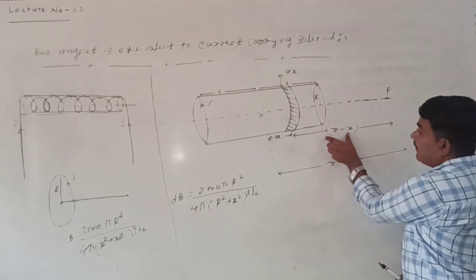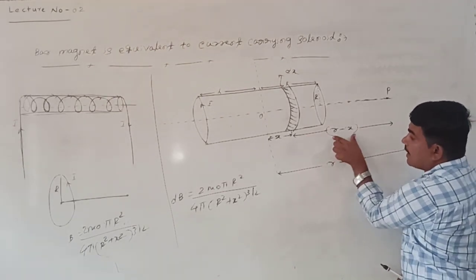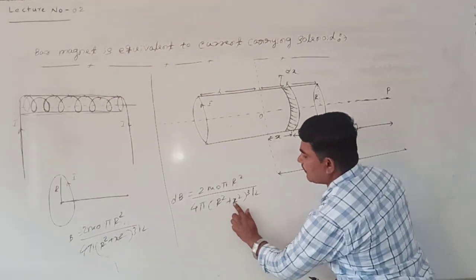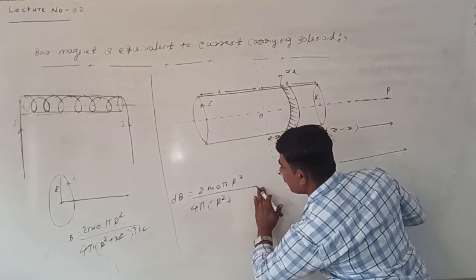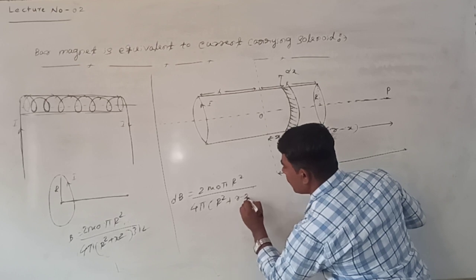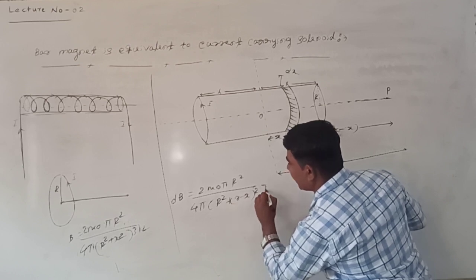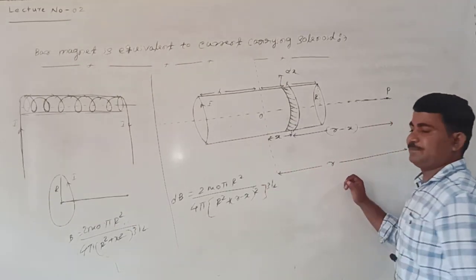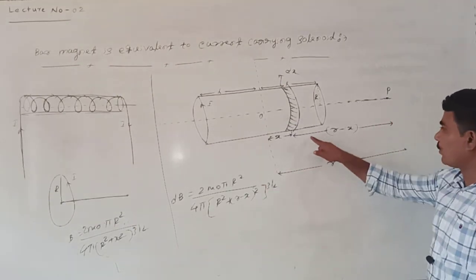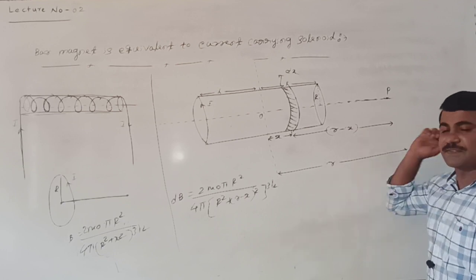That distance is r minus x. So I will represent the distance by (r minus x) whole square, raised to 3 by 2. Right? Because I need only this distance, r minus x.